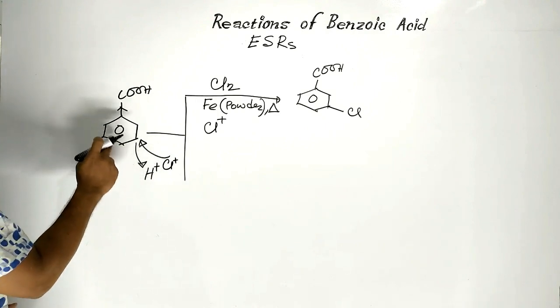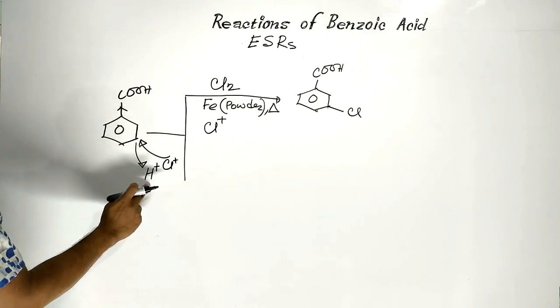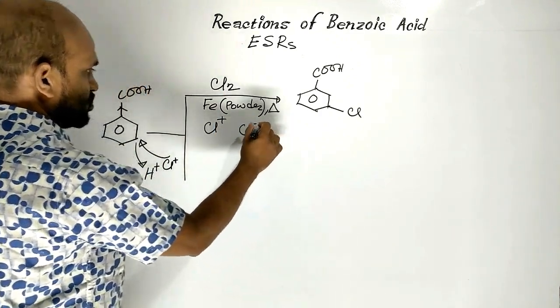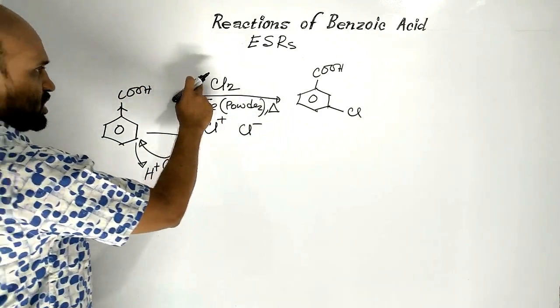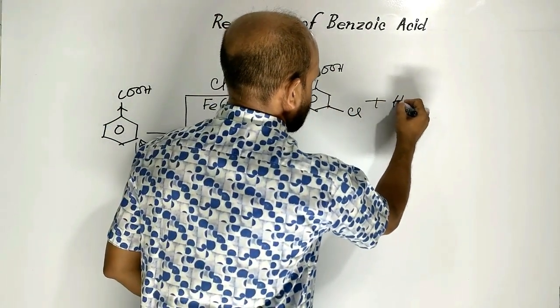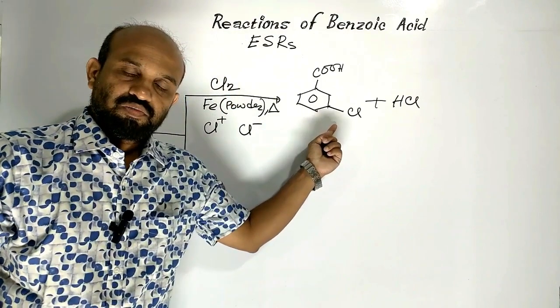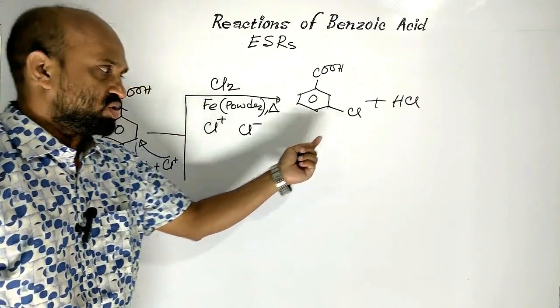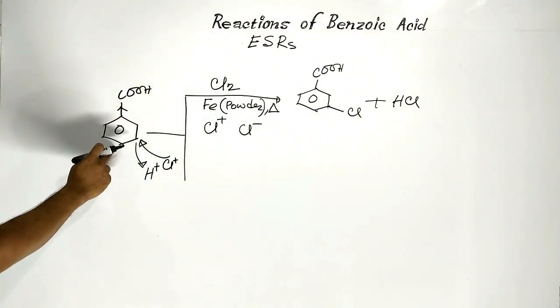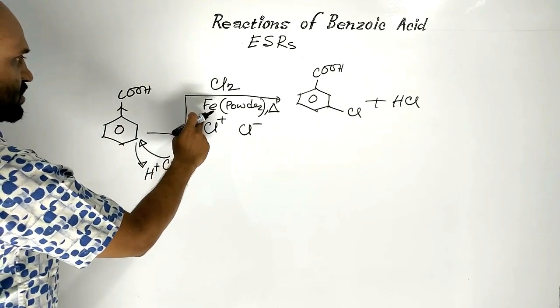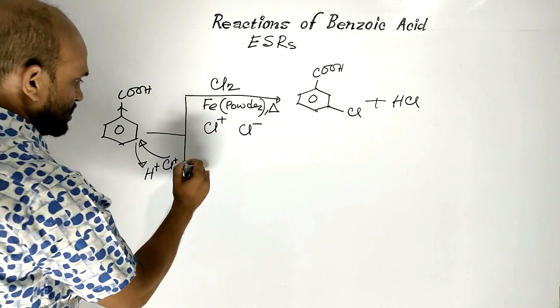Hydrogen released from benzene as proton that combines with chloride ion, which is produced from chlorine molecule, and hydrogen chloride is formed. So, metachlorobenzoic acid is formed when benzoic acid is treated with chlorine in presence of iron powder.